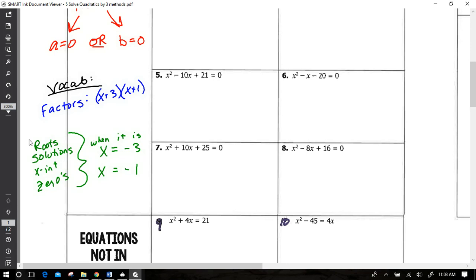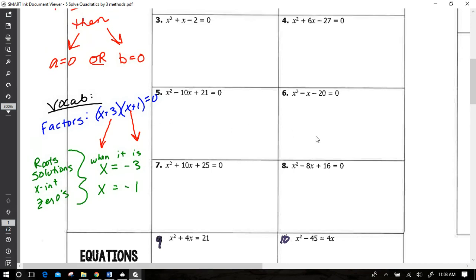And factors are when you have the parentheses after you have factored it and it equals 0, okay? We will use the zero product property to get from factors to solutions, okay? So we are going to learn how to do that today. But factors and solutions are different things.